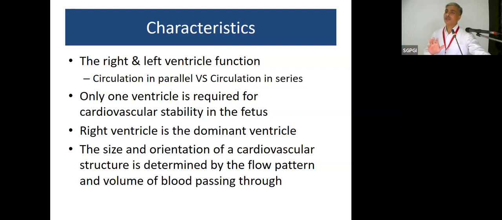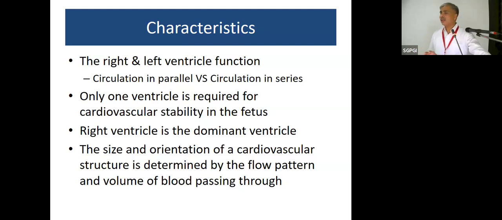Actually, for understanding, we have made it a parallel circulation, but if you get into the deep details, you realize that the same function as in the postnatal age, a series circulation, is seen in the fetal circulation as well. So the concept of parallel and series is a little debatable.